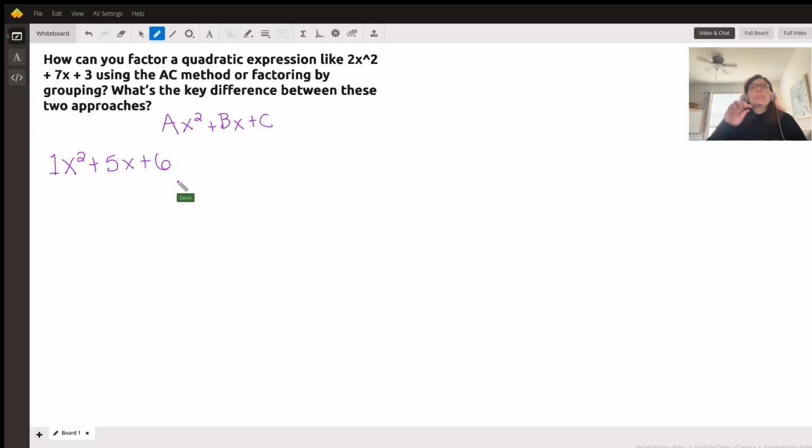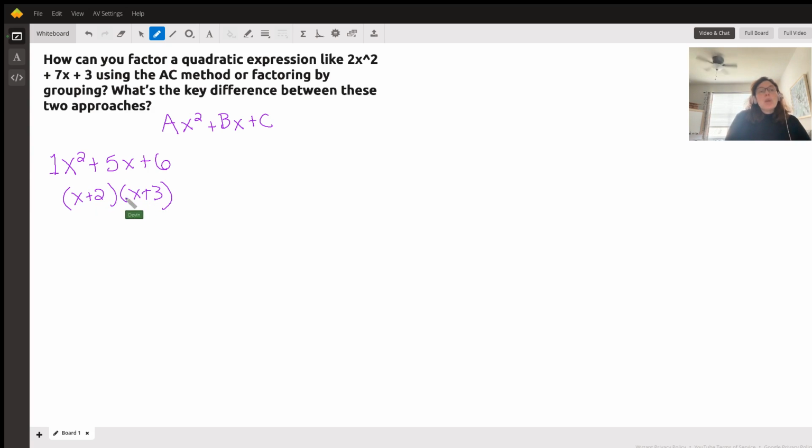Now we have to think, what two numbers, when multiplied together, equal 6, but when added, equal 5, which is B? So we know that it's going to be positive 2 and positive 3. So we can rewrite this just with those numbers, x plus 2 and x plus 3.